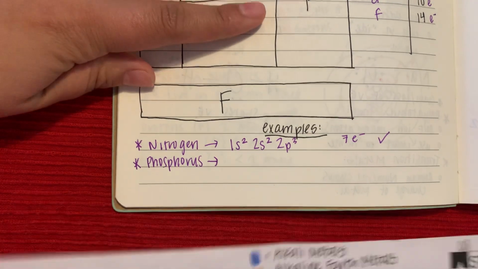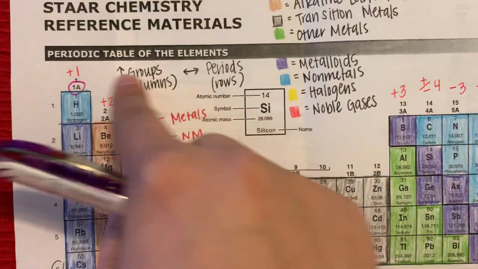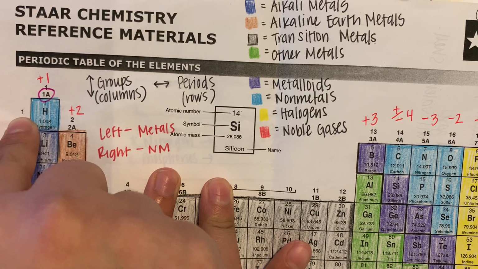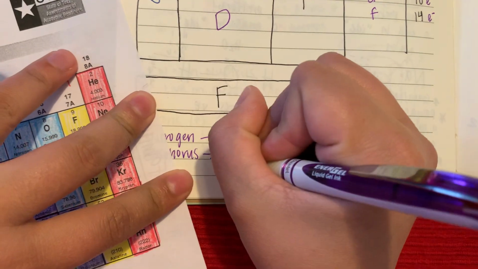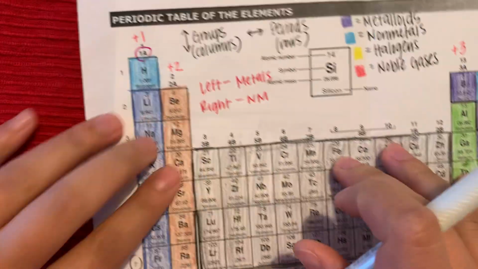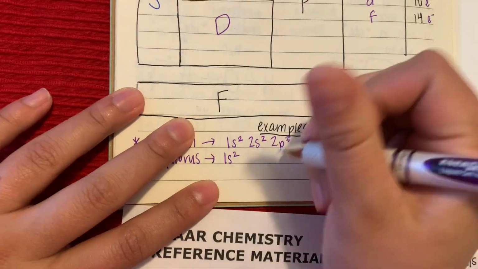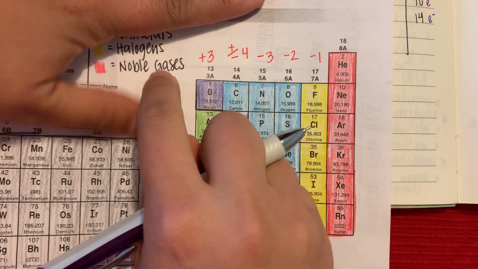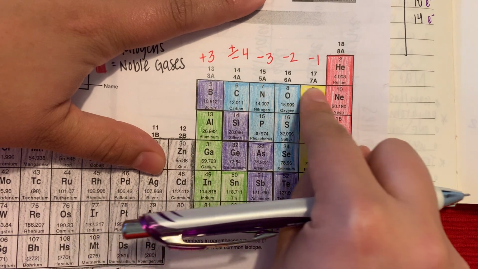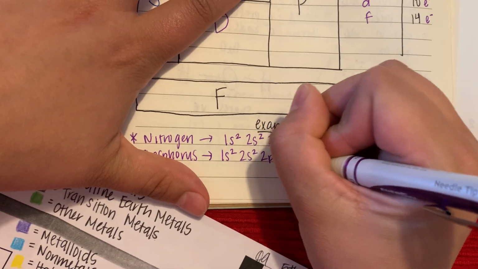So, phosphorus. I'm gonna go through row 1, so 1s2, we're still not there yet. So we write down 1s2. We are now in row 2, 2s2, because we're in the S block there. Now we're in the P block, so still in row 2, 2p6, and we're still not at phosphorus yet.